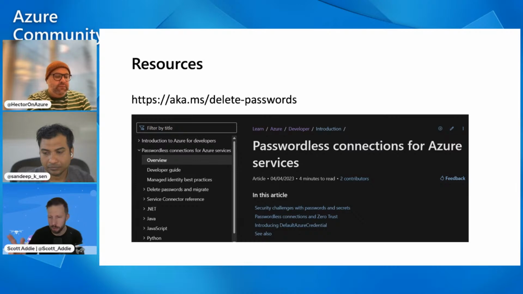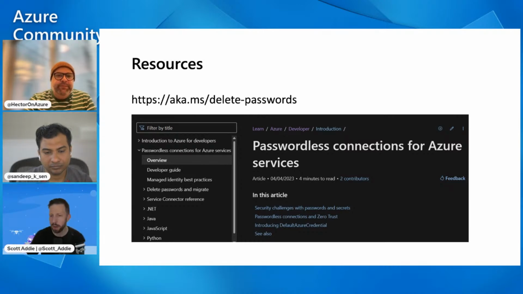If you're a customer who's new to a particular service and you want to use passwordless connections, you're going to be interested in our quick start documents. We have language specific entries in the table of contents here. You'll see the 4 languages we mentioned on the left side: .NET, Java, JavaScript, Python. Take a look at those for a nice getting started experience for passwordless.